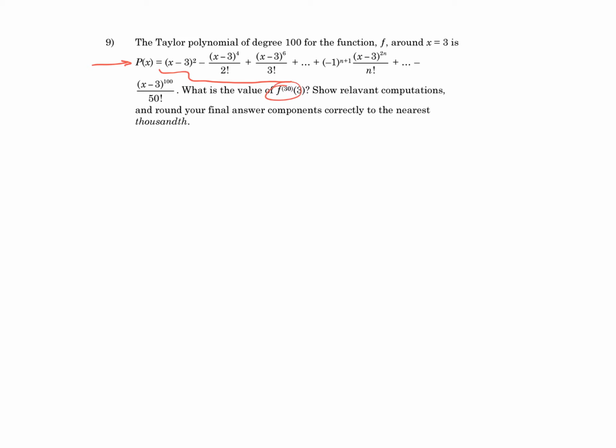So remember that the general term for the Taylor polynomial is always the nth derivative of x sub 0, x minus x sub 0 to the nth degree over the quote-unquote matching factorial. So here I let d sub n equal the nth derivative of x sub 0.